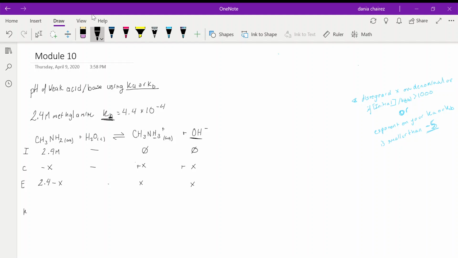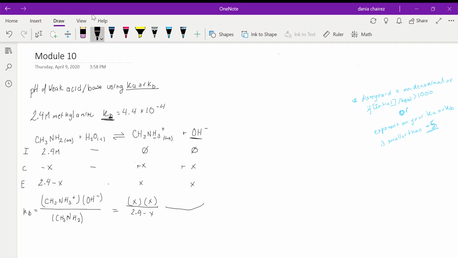So the Kb expression is CH3NH3 plus times OH minus over our methylamine, CH3NH2, which is equal to x times x over 2.4 minus x.